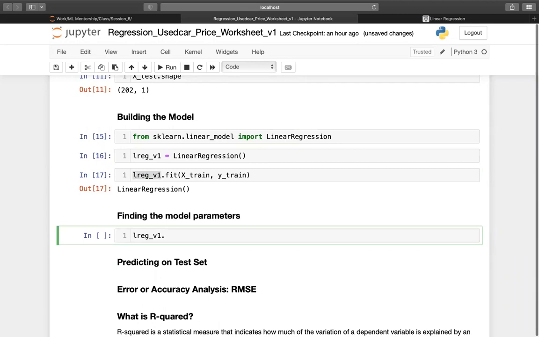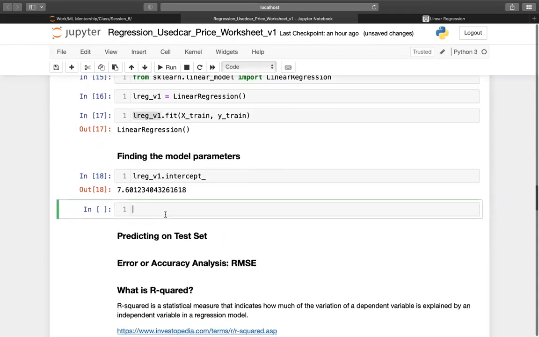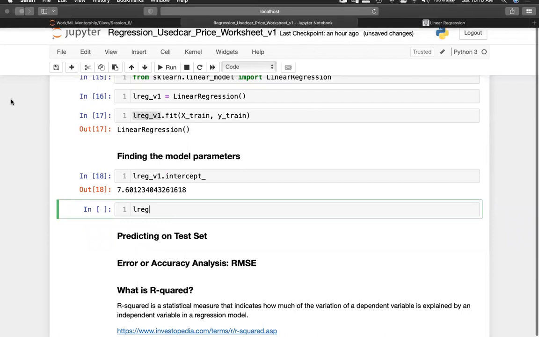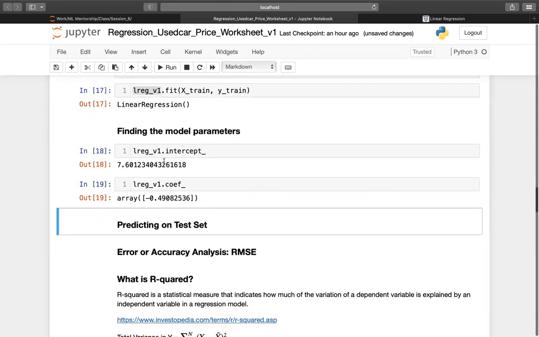So lreg_v1 intercept and lreg_v1 coefficient. Yeah.